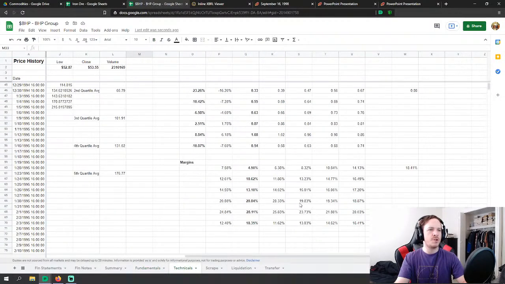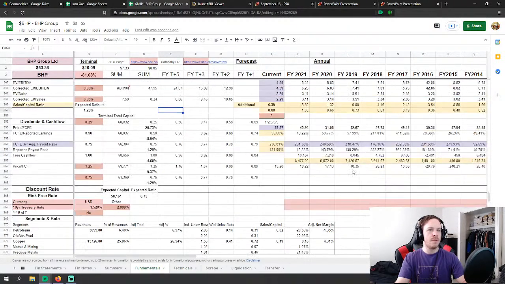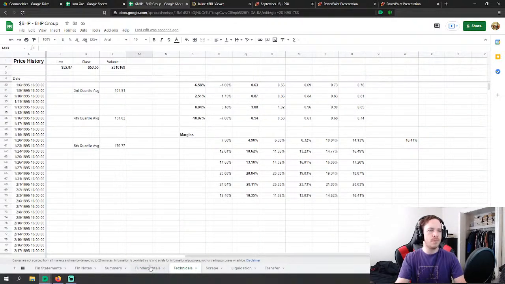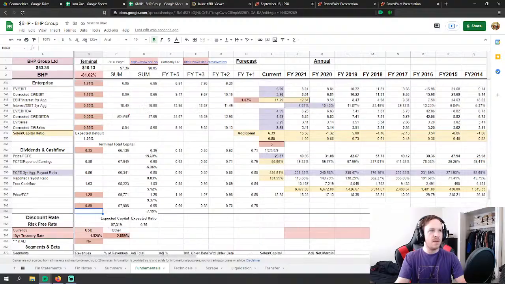Then for margins, we get a suggested 5% to 28% range. Yeah, more like that.